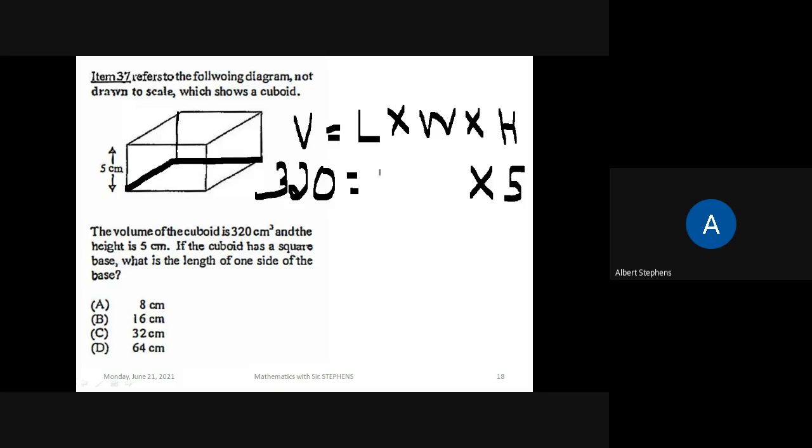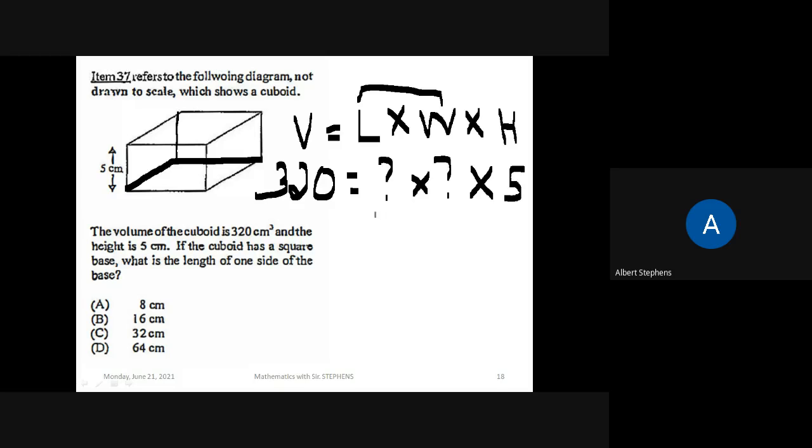Now, if one of the lengths is, let's say, 3, it means that the other one has to also be 3, because it's a square. All right. So basically what they want us to do is find a number so that when you multiply those two same numbers times 5, you get 320.